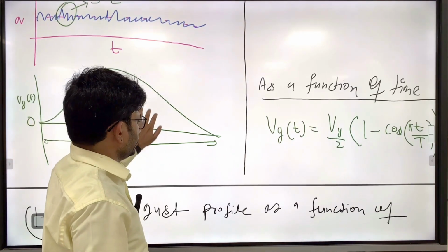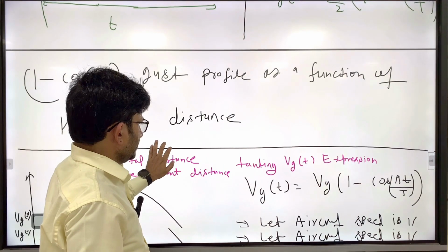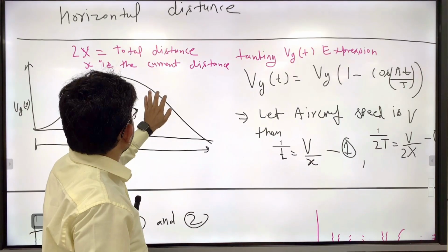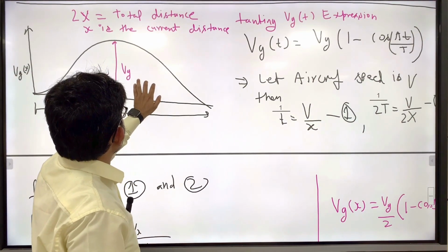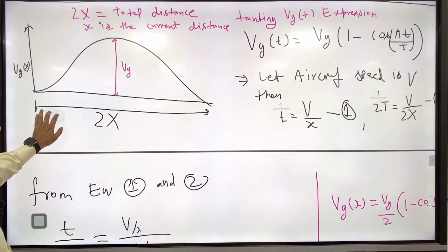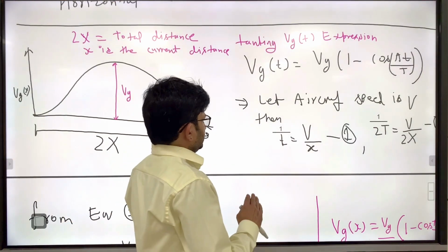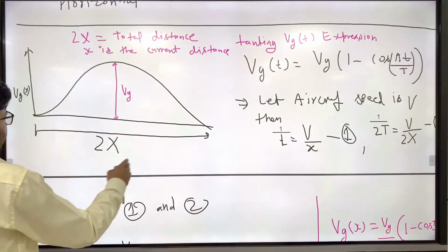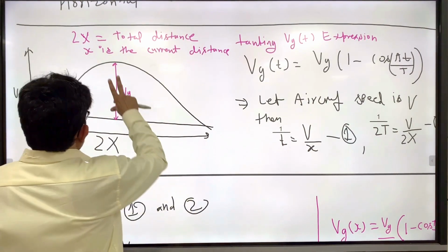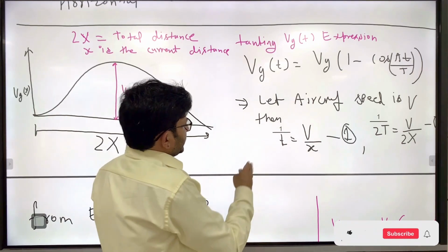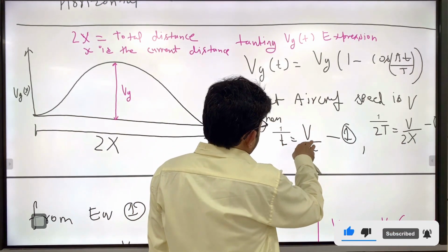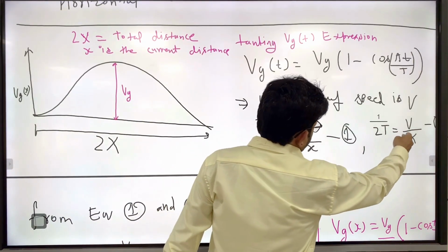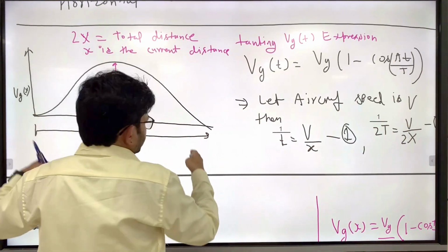You can actually convert this into Cartesian. You just convert time into distance, because in reality you have a gust in 3D space. Take the total length of a gust as 2X, with the same maximum Vg. Speed equals distance upon time. So speed v equals X by T, and if you cover the 2X distance, you can write 2X divided by total time 2T.